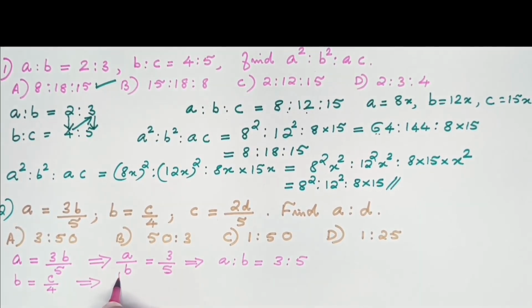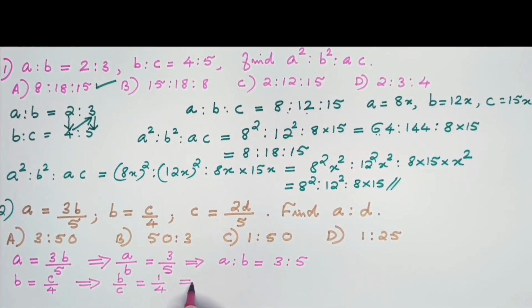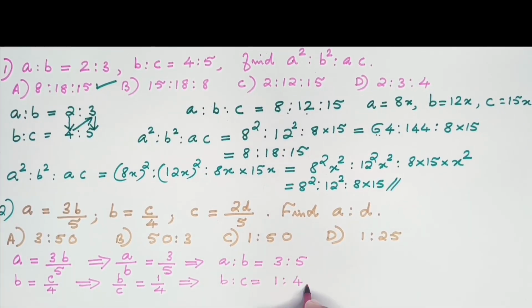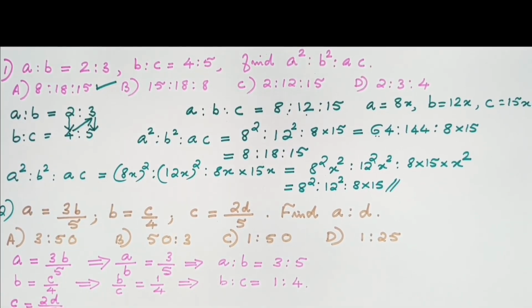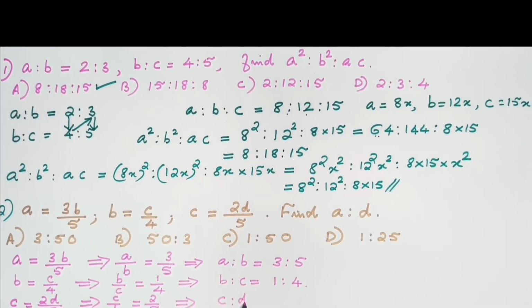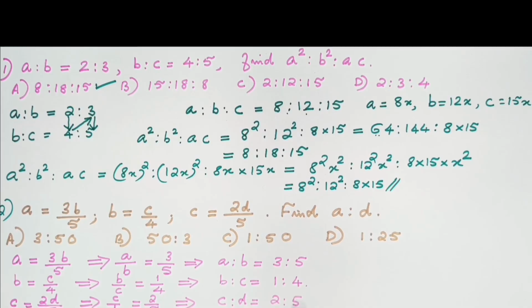Taking C to this side, B divided by C, 1 divided by 4. This will be B is to C, 1 is to 4. Then we have one more, C equals 2D over 5. Taking D to the left side, you have C over D equals 2 over 5. C is to D, 2 is to 5.